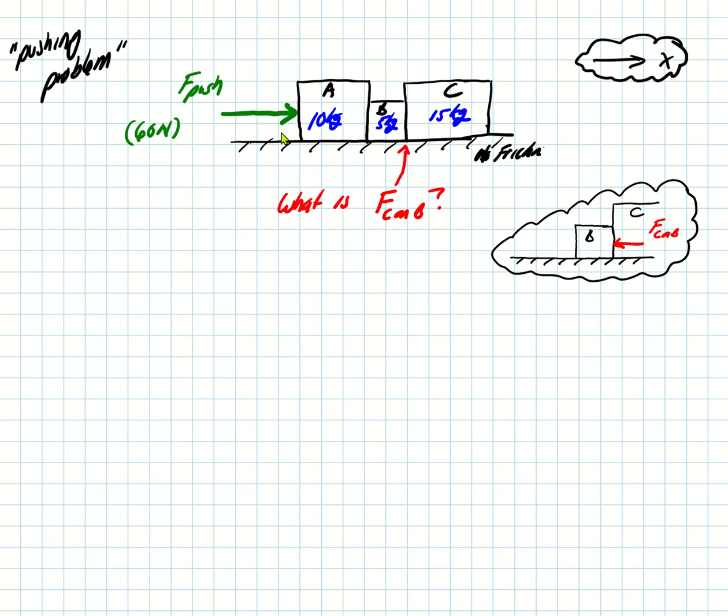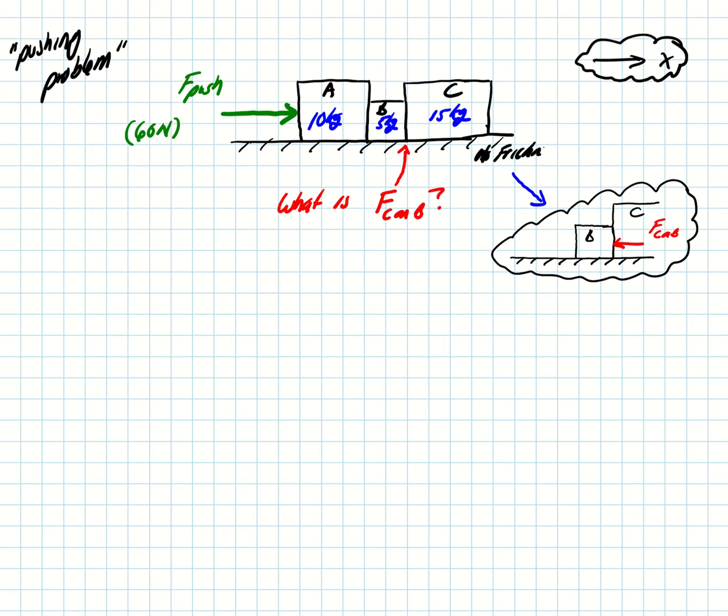And the very specific question is, what is the force of box C pushing on box B? So I put that in a little cloud down here to make sure we understand exactly what the question is asking. It's not asking how hard box B pushes on C to make it move. It's asking how hard box C pushes back on box B while this is all going on.